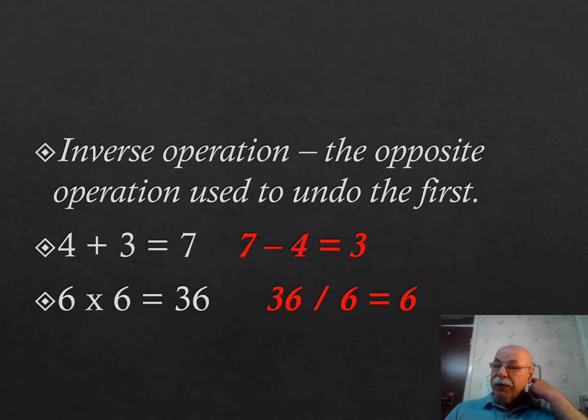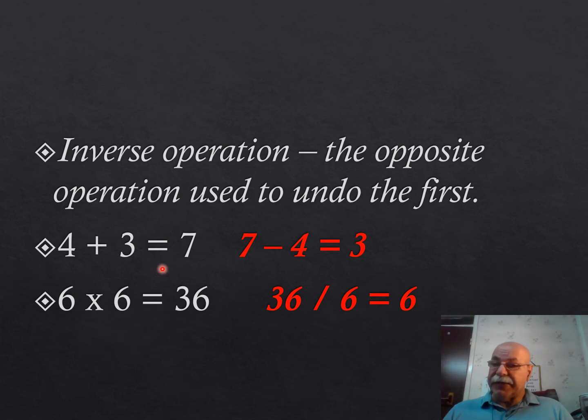Here, inverse operation. Inverse operation means the opposite operation: we transfer the number from this side to the other side. For example, 4 plus 3 equals 7.